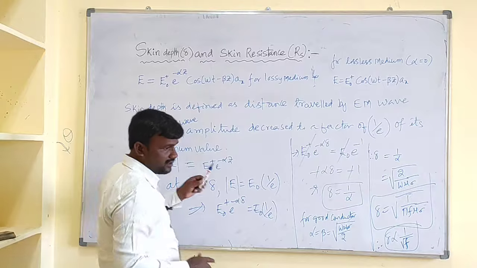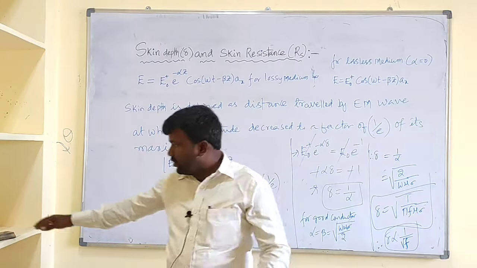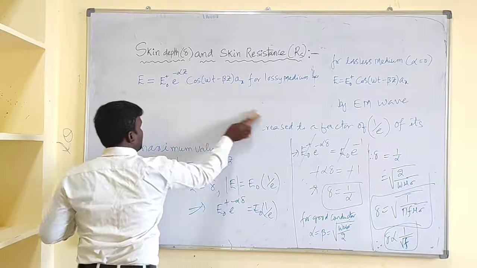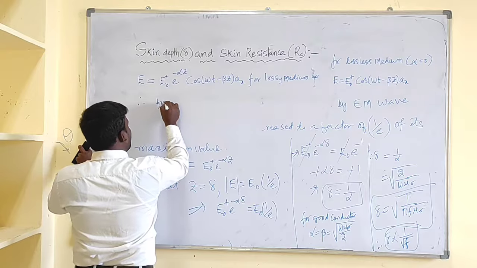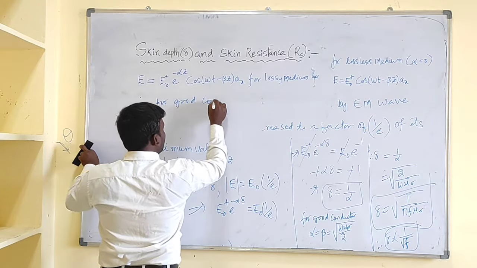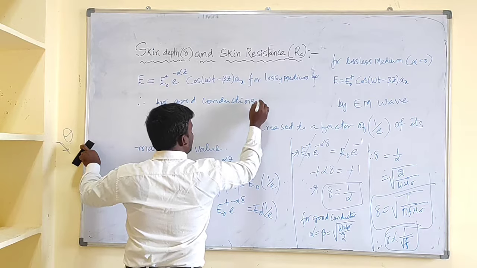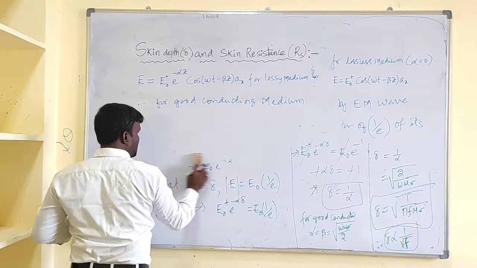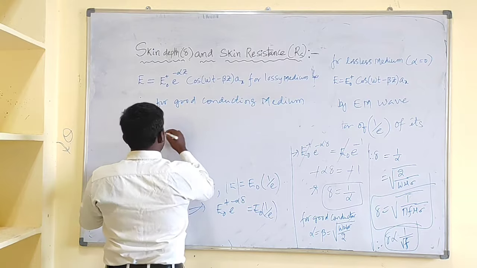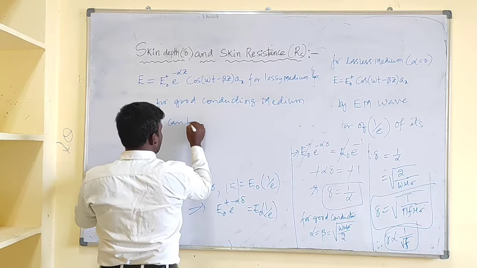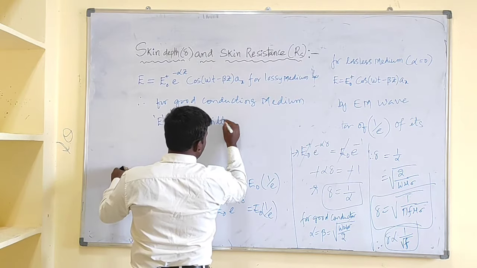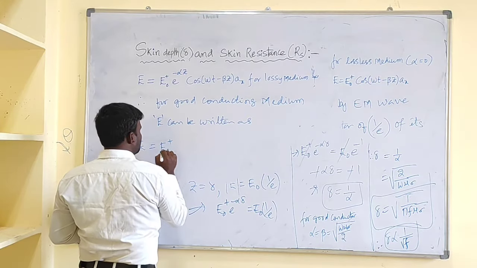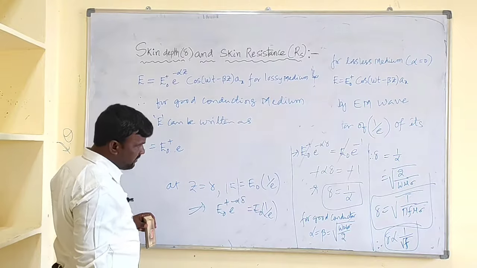Therefore, for a good conducting medium, E is given by E equal to E naught e to the power minus alpha z. Alpha can be written as what?